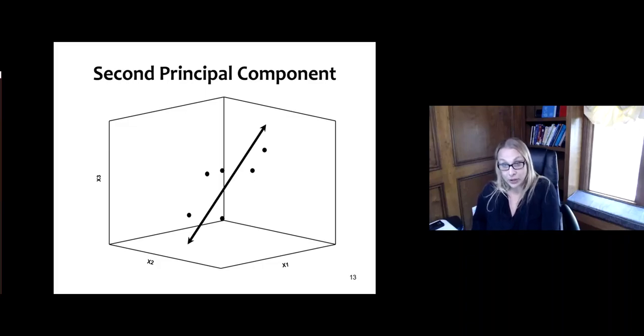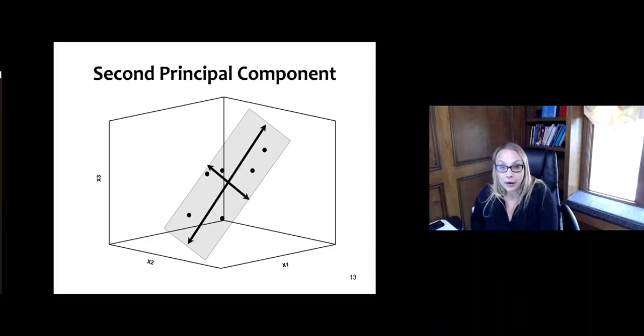The second principal component is going to be the second axis, and it's going to go through the centroid and explain the second most amount of variance within the data itself. So what would be this particular line here? And you can see that these two lines are orthogonal to each other, and therefore they're uncorrelated to each other. And you can keep going at different dimensions.